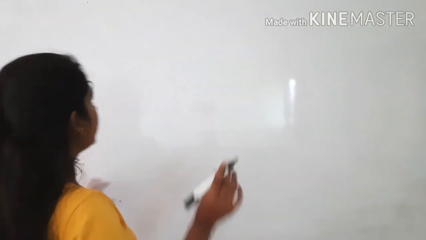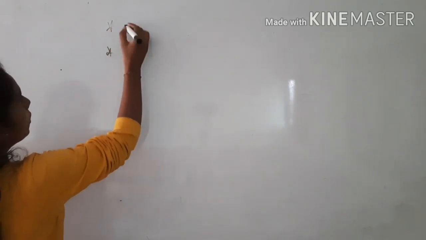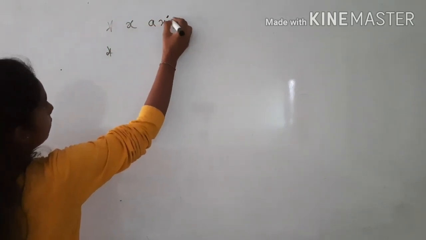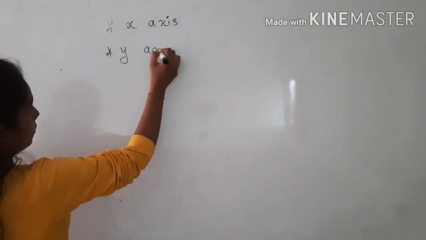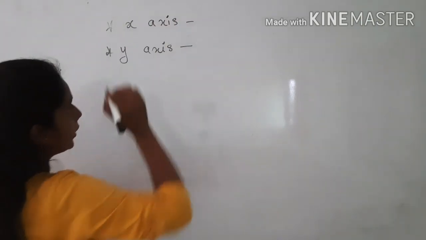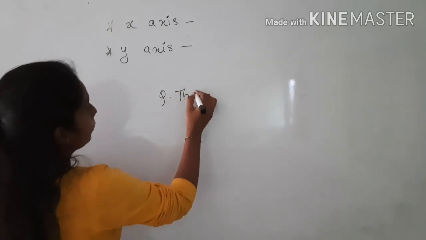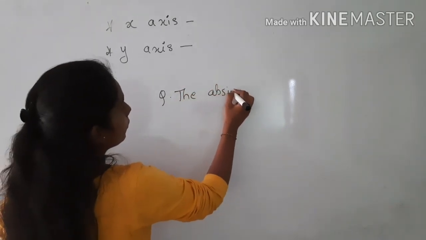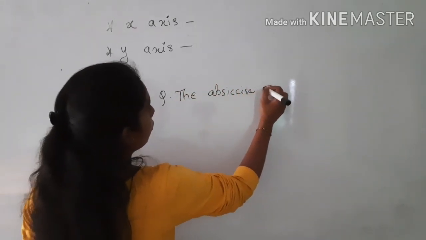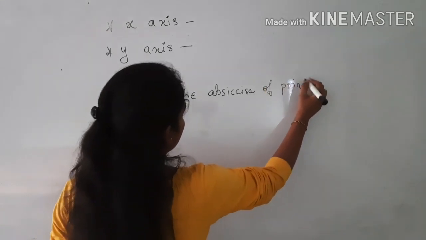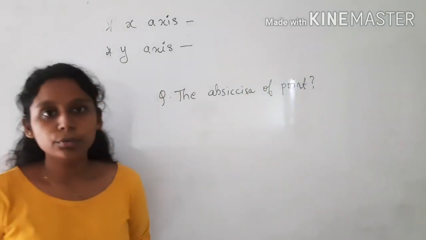I will ask you to give it and submit to me. So now one more new topic I am going to tell you about, it is only the points you have to note down. The x-axis and y-axis have some new names. For example, if I told you to write the abscissa of a point given, what will you do?